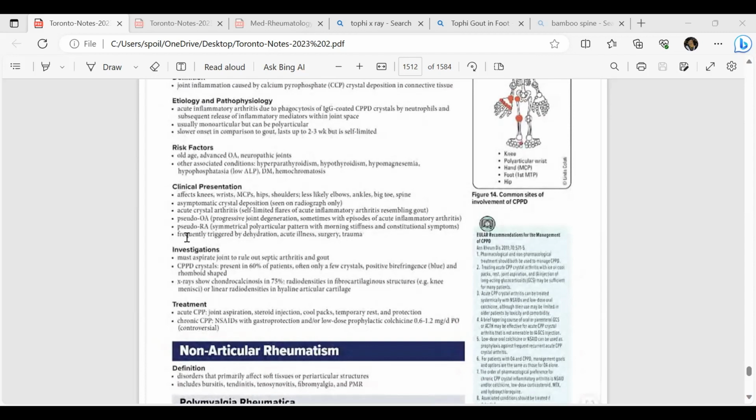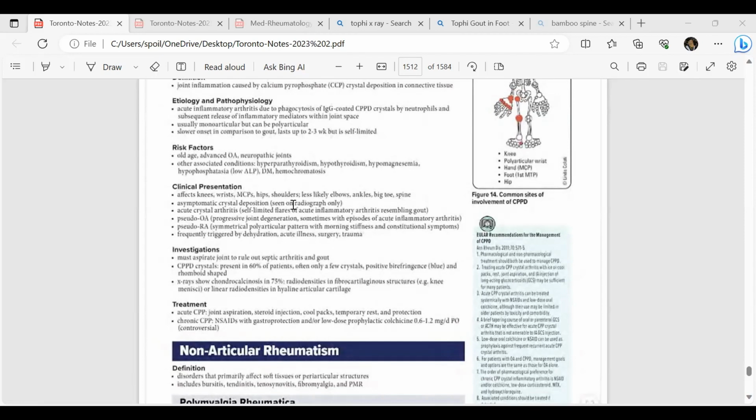And pseudo-rheumatoid arthritis: symmetrical polyarticular pattern with morning stiffness and constitutional symptoms, frequently triggered by dehydration, acute illness, surgery, or trauma. So one can think that the patient might have osteoarthritis or rheumatoid arthritis because of the similarity in features, but in these cases the triggering factor will be dehydration, acute illness, surgery, or trauma.